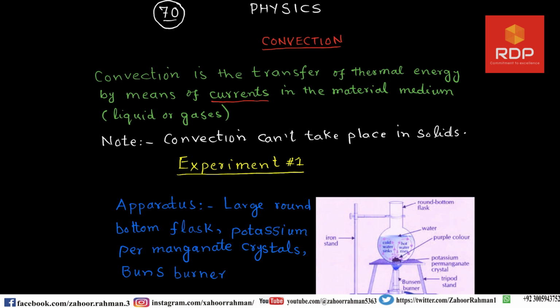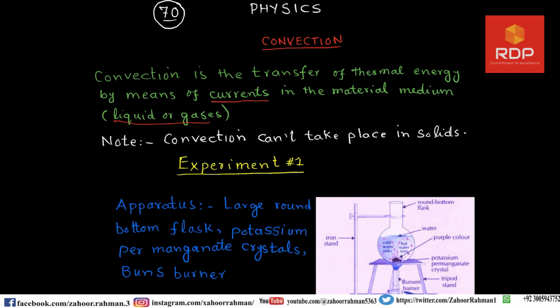The following two experiments will illustrate convection in action in fluids. So let us do the first experiment, and the experimental arrangements are shown in the figure. The main purpose of this experiment is to show convection in water, that is liquid, because we said that it can only be observed in liquids and gases.